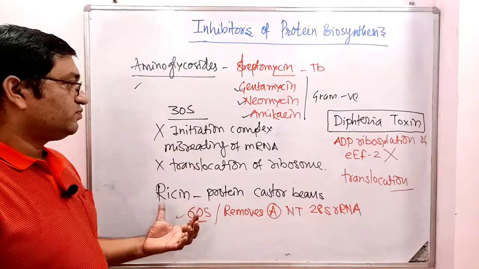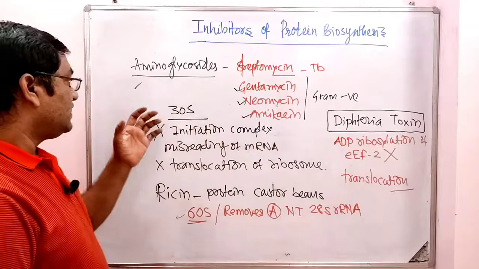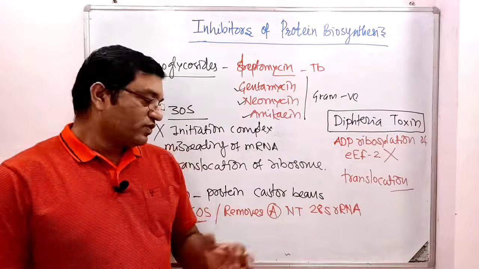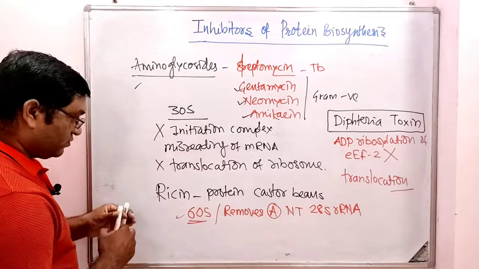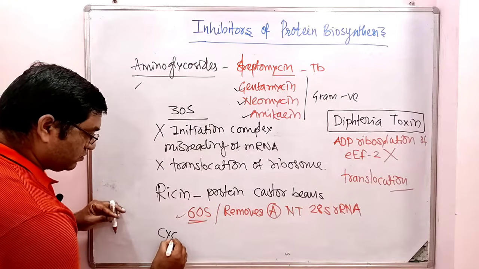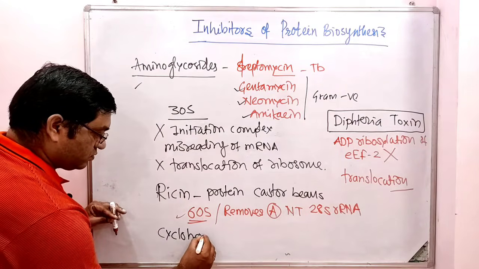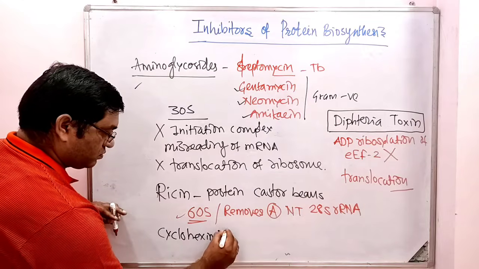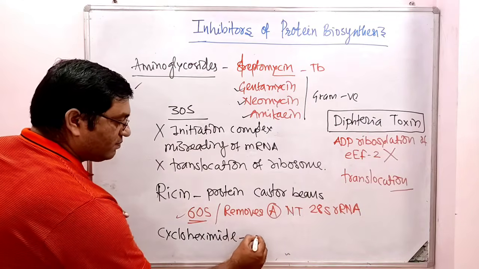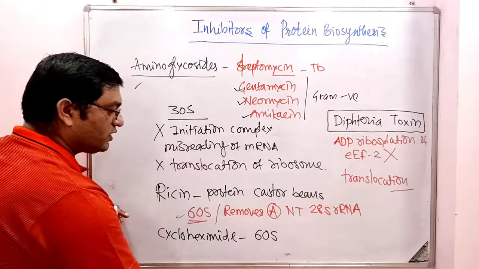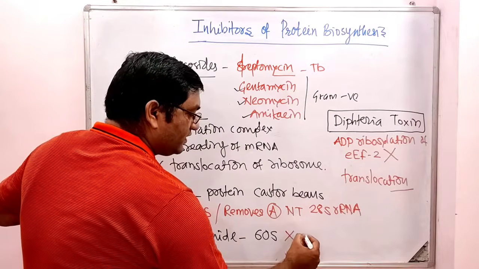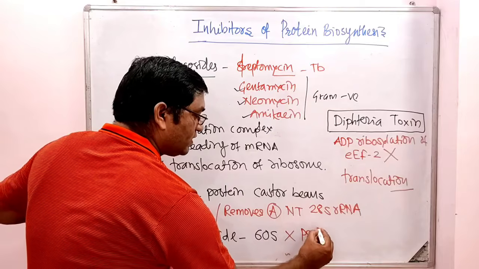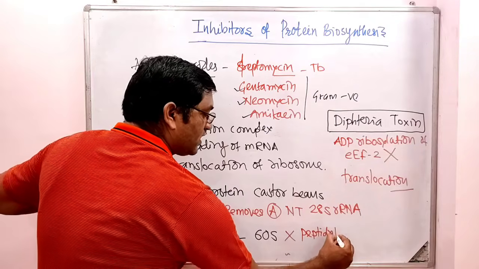So ricin, diphtheria toxin, and the next important one is cycloheximide. It binds with the 60S ribosomal unit and inhibits the activity of eukaryotic peptidyl transferase.